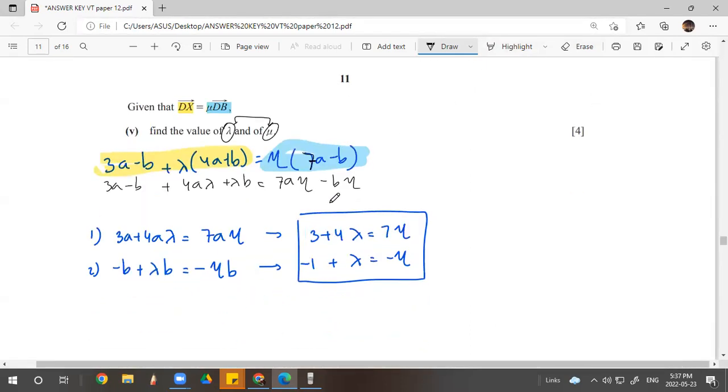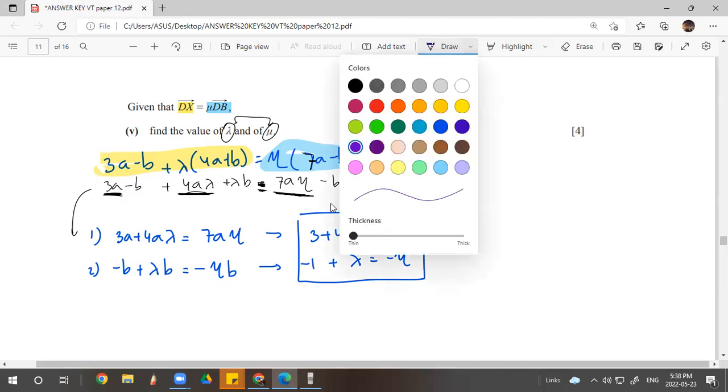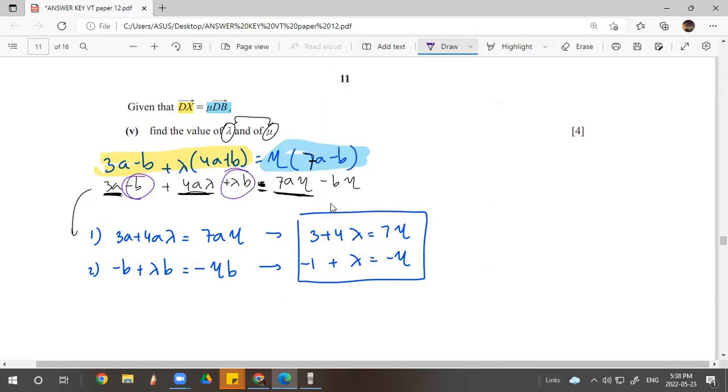Okay. So I pick A on the left side, right? So I pick A here. Something that has A, I separate, right? Since it is equal, all the terms of A on the left side equal the terms of A on the right side. So 3A plus 4A lambda equals 7A mu. And the next one, the purple one, negative B plus lambda B equals B mu.